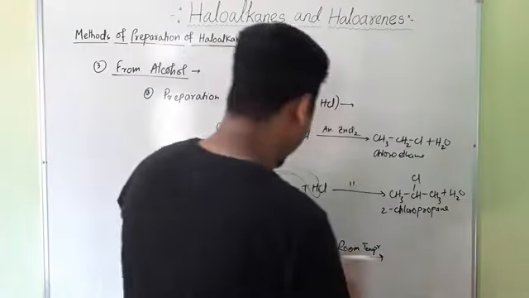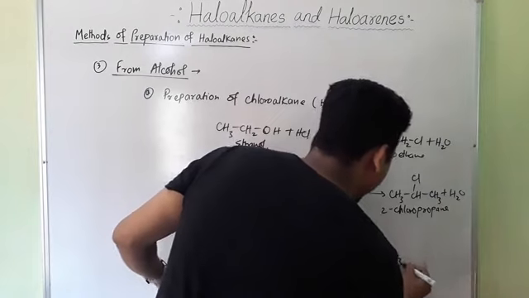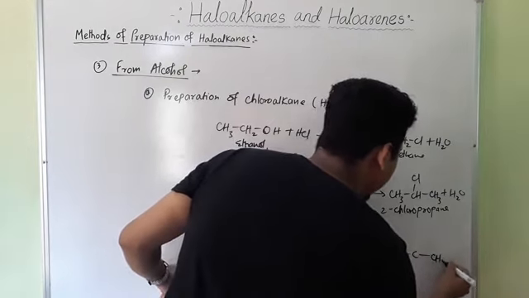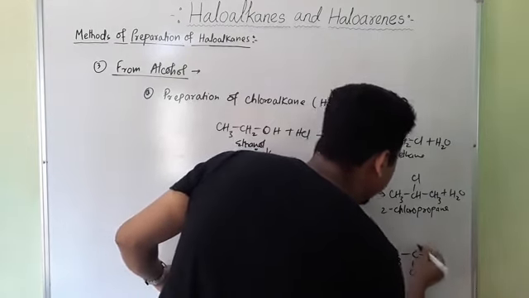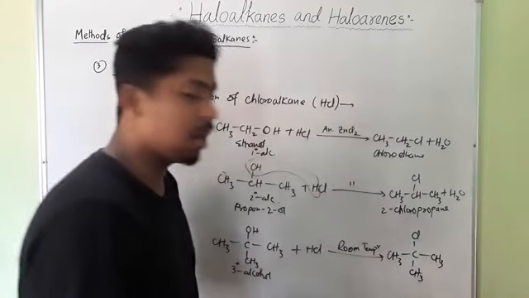The product we get is CH3-C(Cl)(CH3)-CH3. What will be the name?